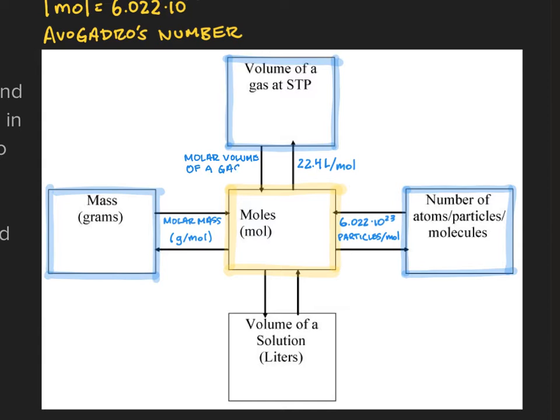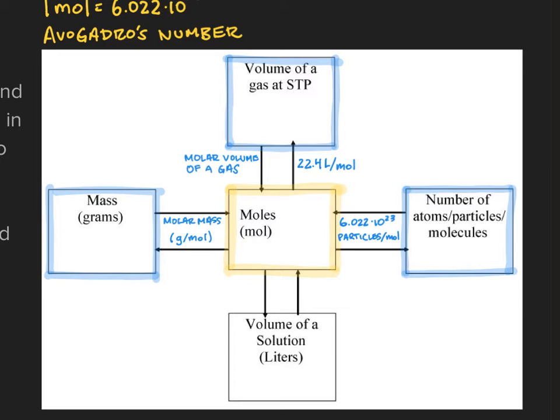That is standard temperature of 0 degrees Celsius and standard pressure of 1 atmosphere of pressure. And again, this is independent of the identity of the gas. All gases occupy the same volume under a given set of temperature and pressure conditions. So we've got our molar volume of the gas of 22.4 liters per mole as a conversion tool between volumes of gases and moles.